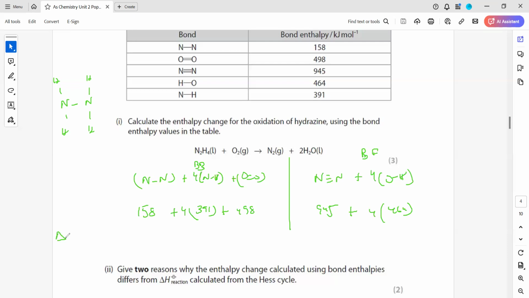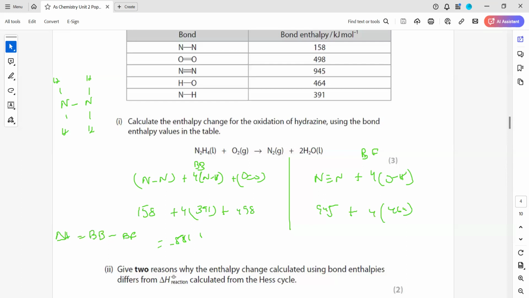To find the enthalpy change, it is bond breaking minus bond forming. Just take the difference, and you will get the difference of the two values, which is around minus 581 kilojoule per mole.